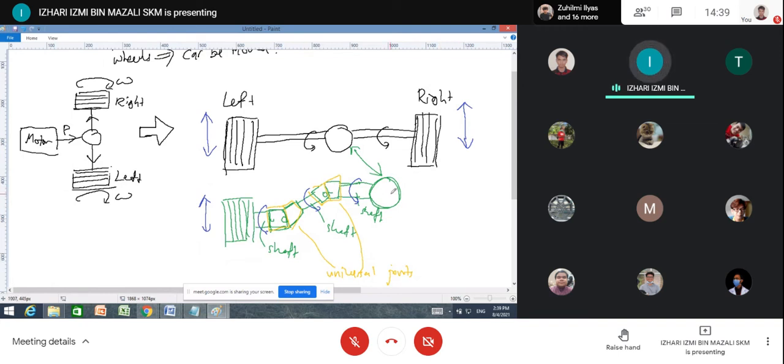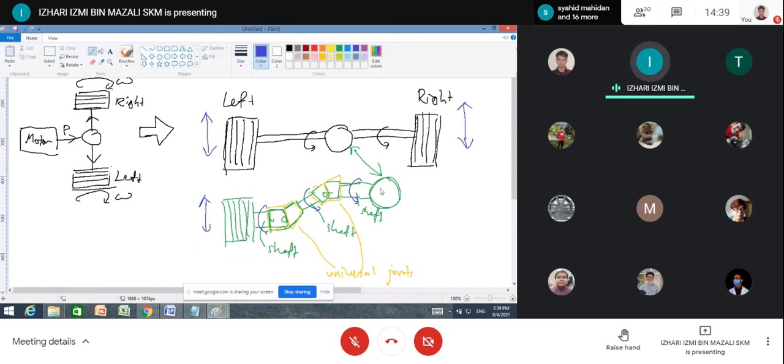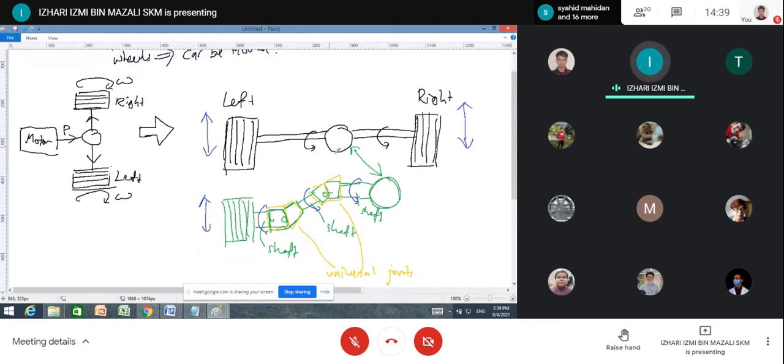And then here is splitting the torque from the motor to the wheel at the right and at the left. That means here you have to use a differential. Why? Because if your car is driven straight, you have no problem, because the speed here and here should be the same.